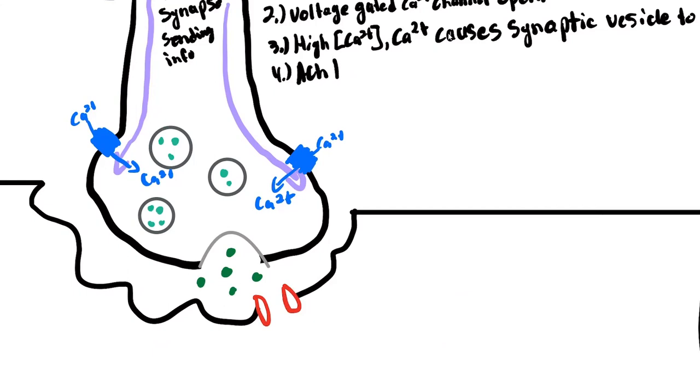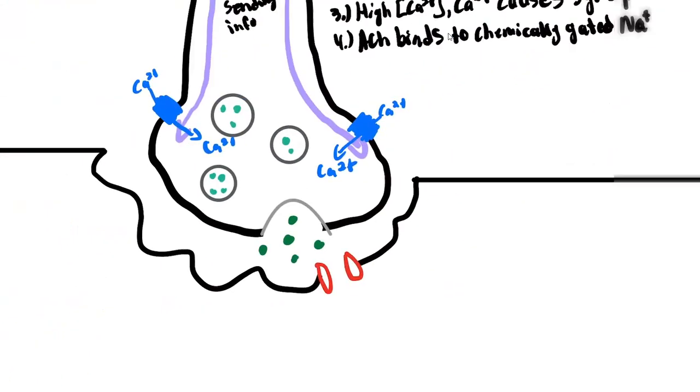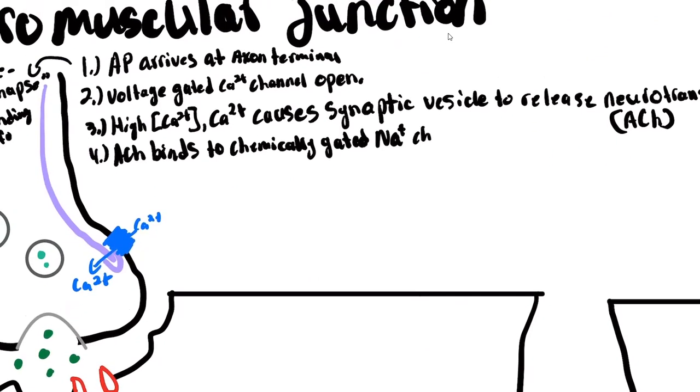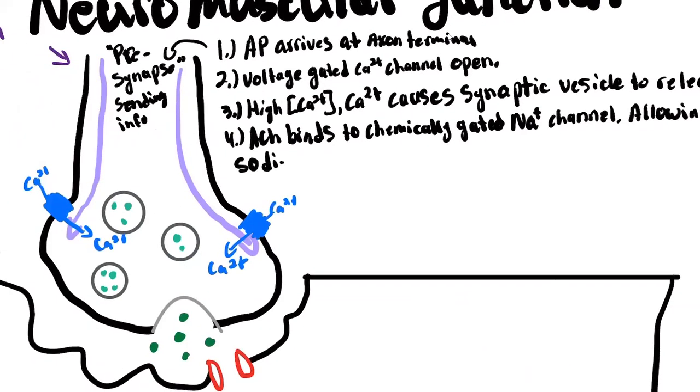So ACH binds to the chemically gated sodium channel, allowing sodium to flow through the sarcolemma.